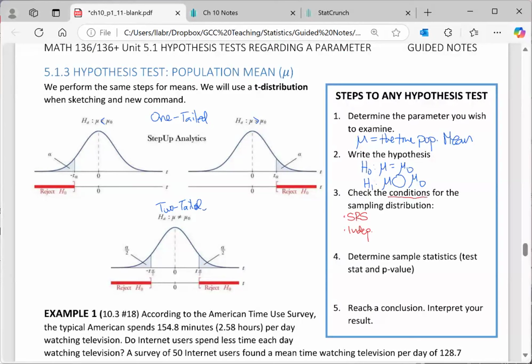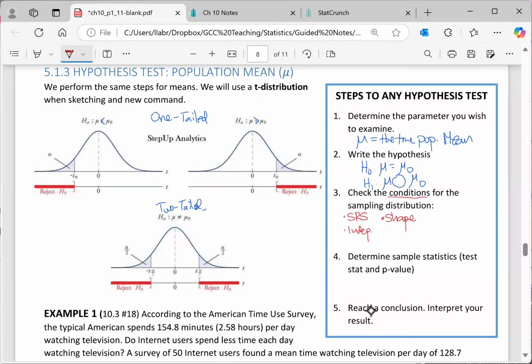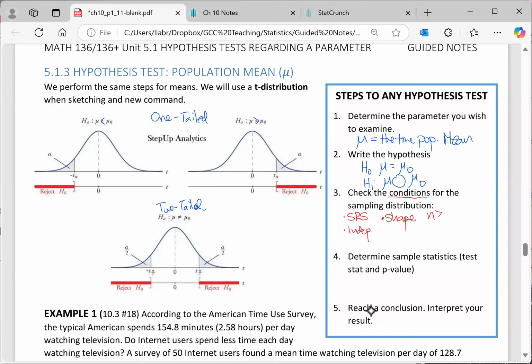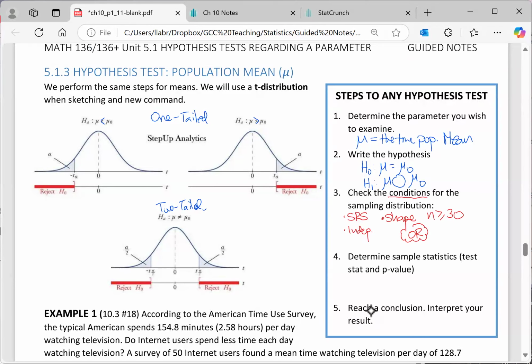Now the shape. So remember that for the shape condition to be met, we either need a big enough sample size, so n greater than or equal to 30, or we need to know that the random variable x is normal.